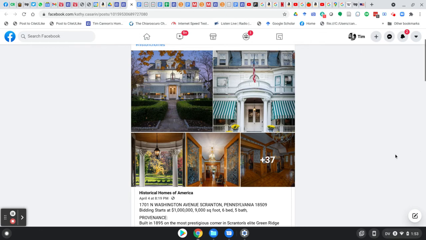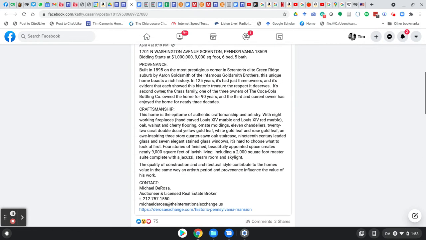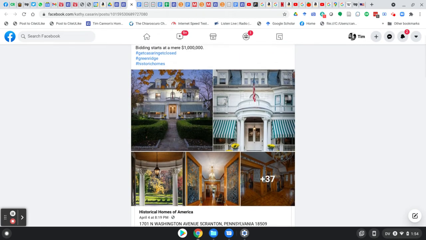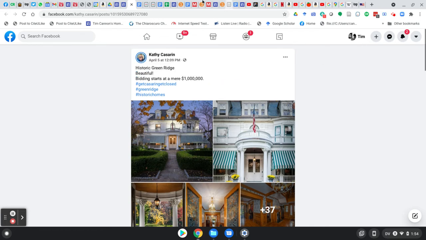So, bidding starts at $1 million if you're interested in the epitome of authentic craftsmanship and artistry. 8 working fireplaces, hand carved, Louis the 14th marble and Louis the 14th red marble. It's just crazy good. So the Greenridge section of Scranton had some pretty amazing people in it. B.F. Skinner, Senator Casey, Joe Biden, and by luck, I ended up living there for a bit myself, and my grandma.